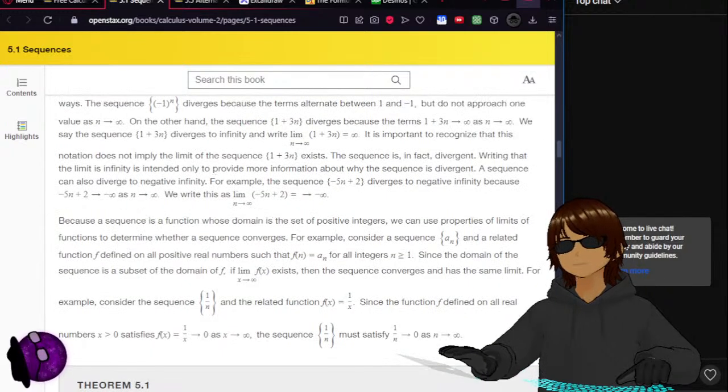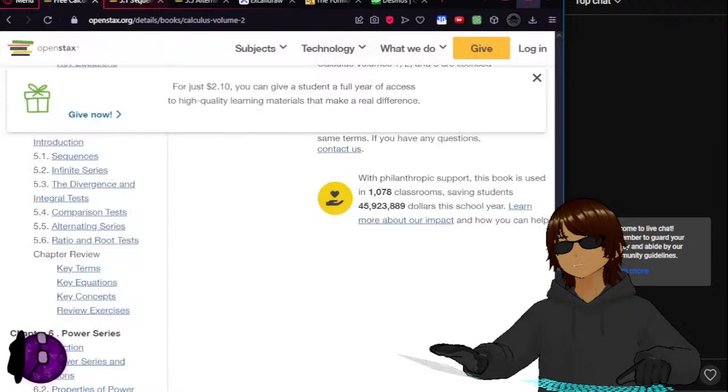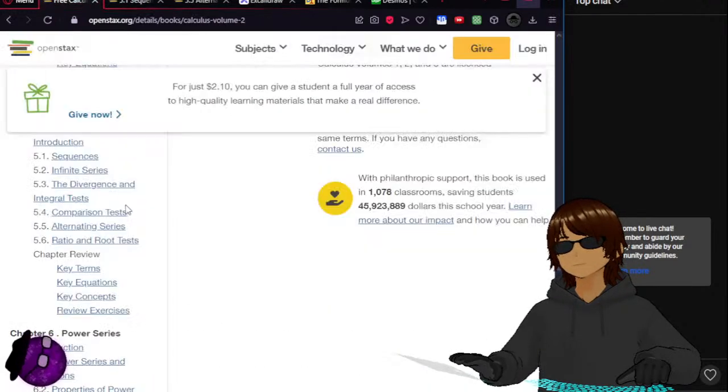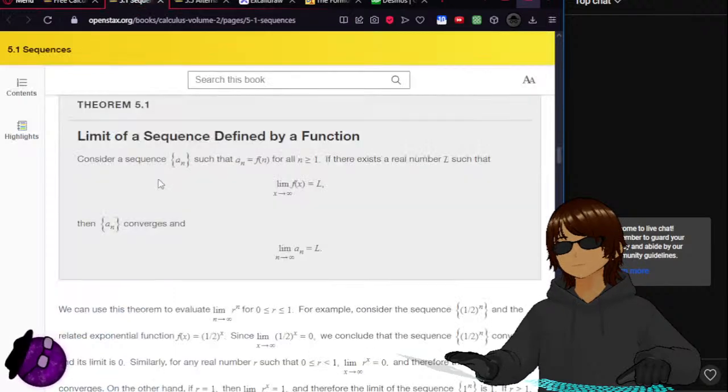But there's a test for convergence, right? I think we will get there later. Consider a sequence a_n such that a_n is equal to f of n for all n greater than 1. Does it have to be 1?